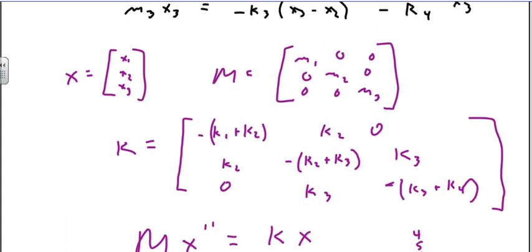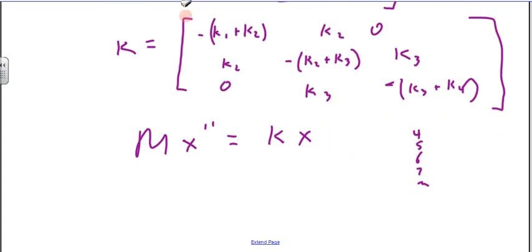Okay, well, that's nice. So now that we've done that, I don't like the form mx double prime is equal to kx. I would rather have something that's in the form x double prime is equal to ax. That's what I'd rather have.